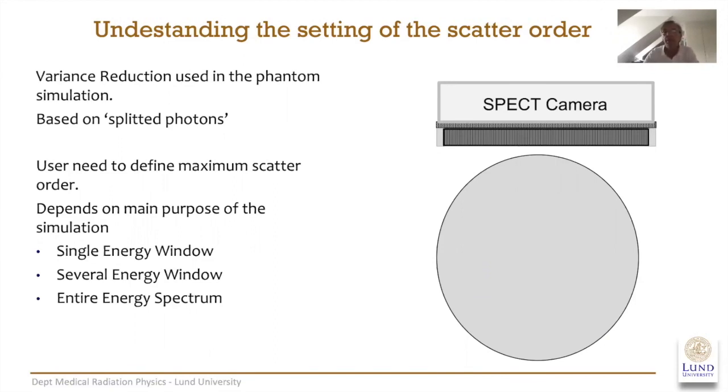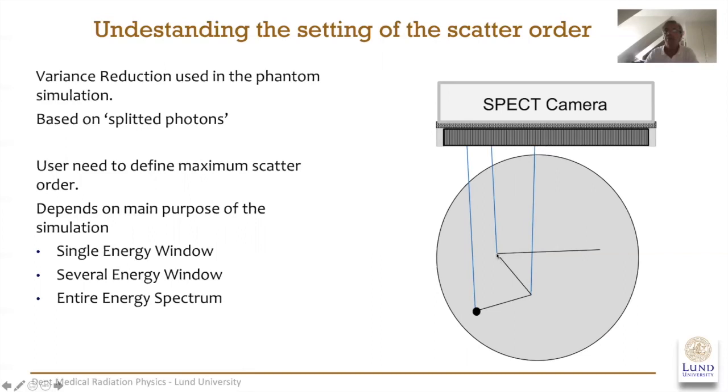The way it works is that you define the decay somewhere, and then this emission is split into a primary that will go directly to the camera, and a scattered photon that will be simulated properly and maybe come to this point here. So now here we have the first scatter order. We split that photon into 2, one going up to the camera and one that continues maybe to this.